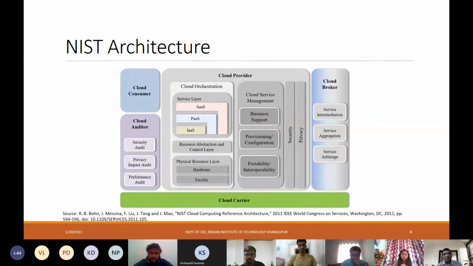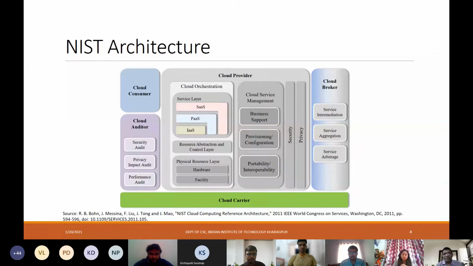So these are the three main components or subcomponents of this cloud orchestration block of the cloud provider. And this is very important in terms of what the service provider does in terms of offering these different services. So these three main sub blocks under cloud orchestration are very important and core to the offering that is made by the cloud provider.